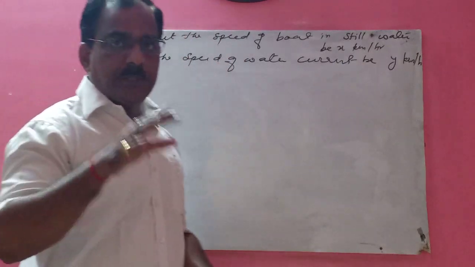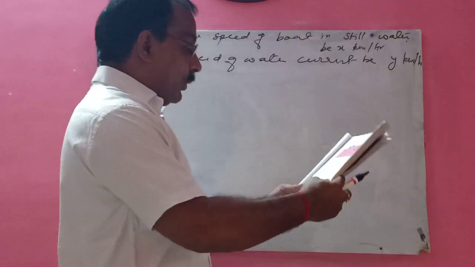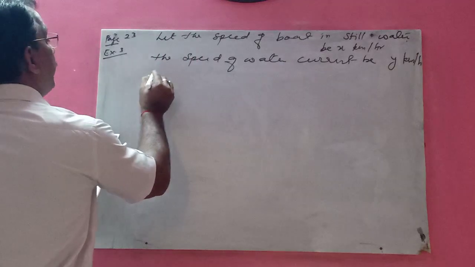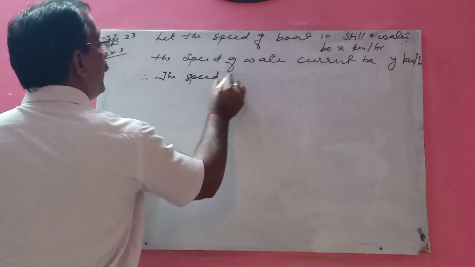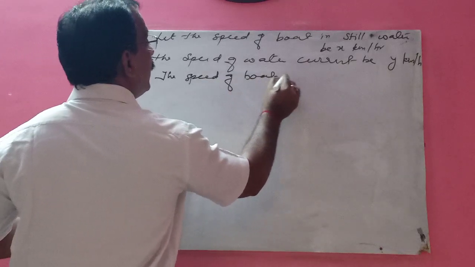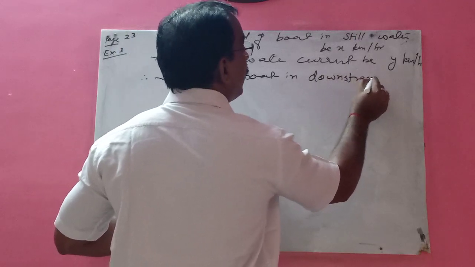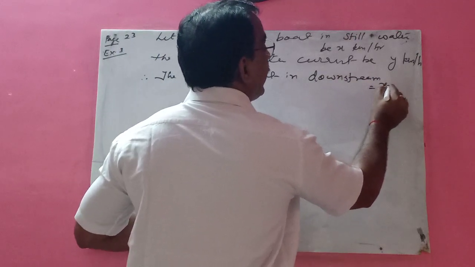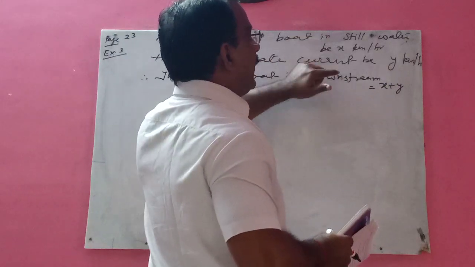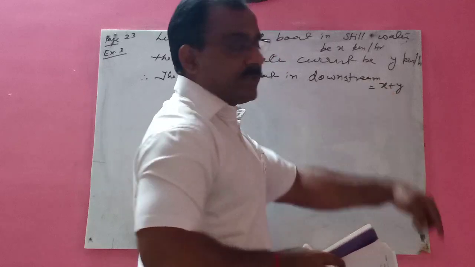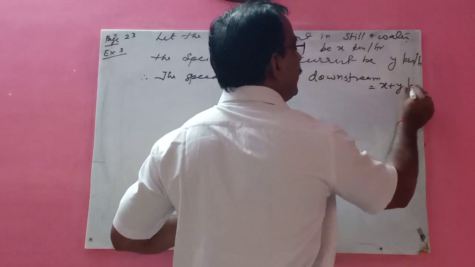Now we will calculate the speed of the boat upstream and downstream. So the speed of the boat in downstream, how much is it? It is x plus y. The speed of boat in still water plus current means it is x plus y kilometer per hour.